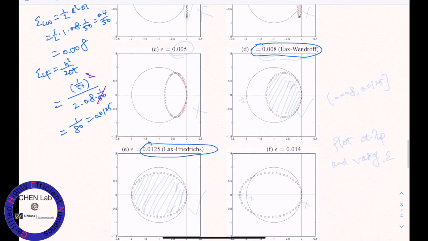So when epsilon is 0, we get the scheme 1, right? That's just scheme 1. Forward in time, central in space. As we talked about in about 2 videos ago, that matrix is antisymmetric, so its eigenvalues are purely imaginary.